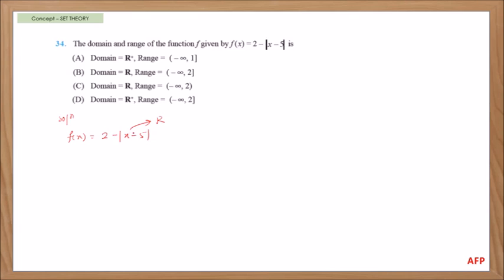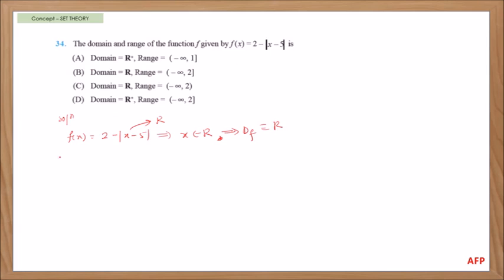In a modulus function you can substitute any real number, except when it is in the denominator, but here it is not in the denominator. This indicates that x belongs to all the real numbers. This implies that the domain of f is the real numbers. So only two options are there, B and D.